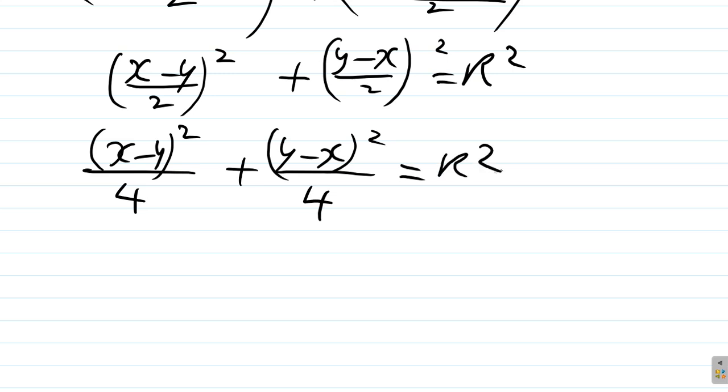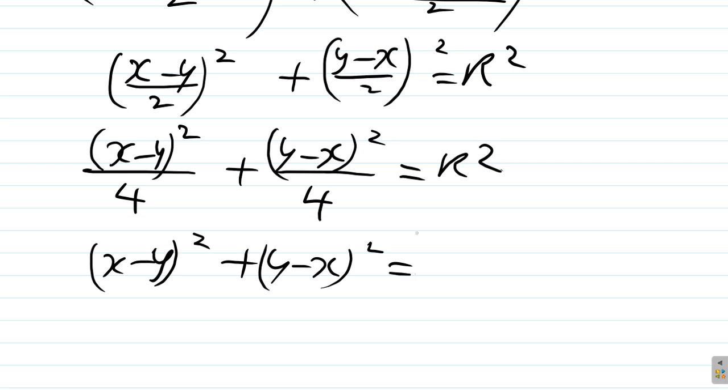Right. Now the thing is, you can just multiply both sides by the 4, you know. You just multiply both sides by the 4. You have x minus y squared plus y minus x squared equals 4r squared.